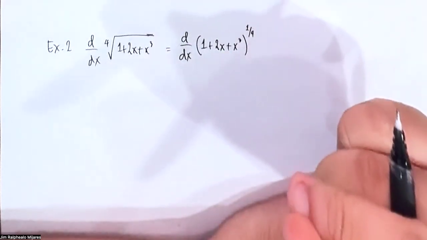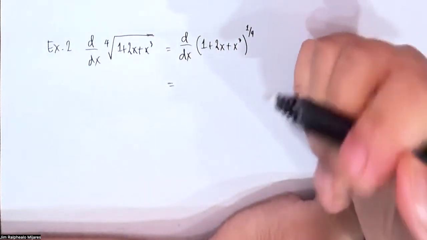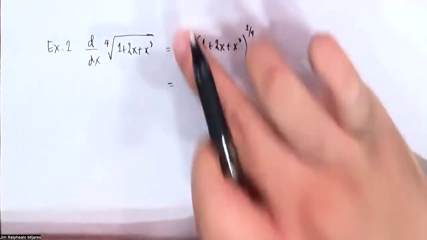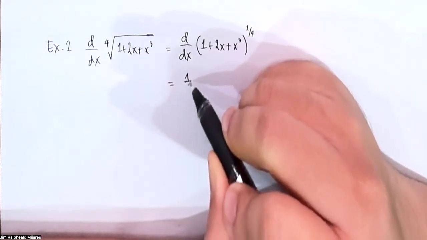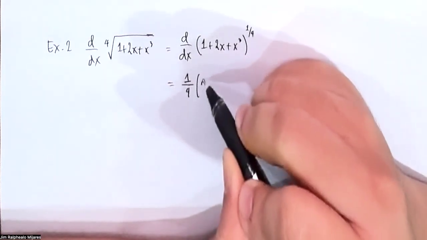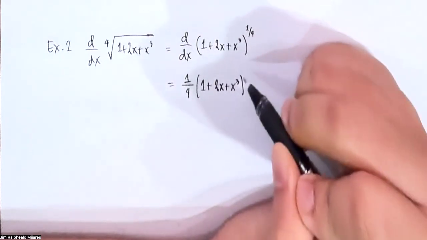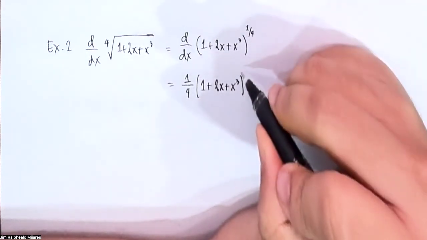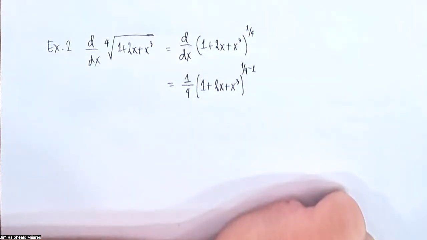Because it's fourth root. Then we do the chain rule. We first do power rule because that's the outside function. Then it will be raised to a power of 1/4 minus 1. Okay. So that's the first part done.